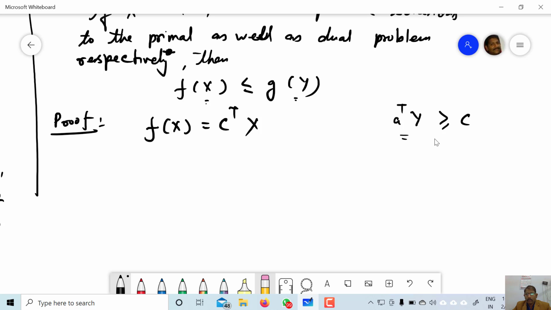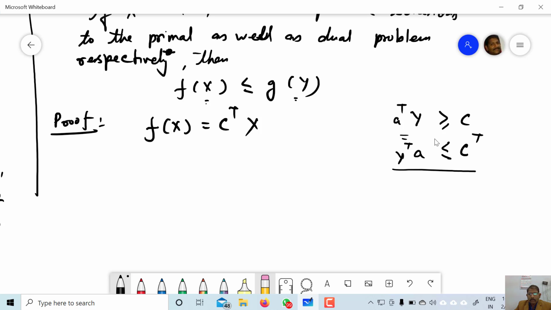If we write it in the form of a transpose, then C transpose is less than or equal to y transpose A. This is the matrix property.